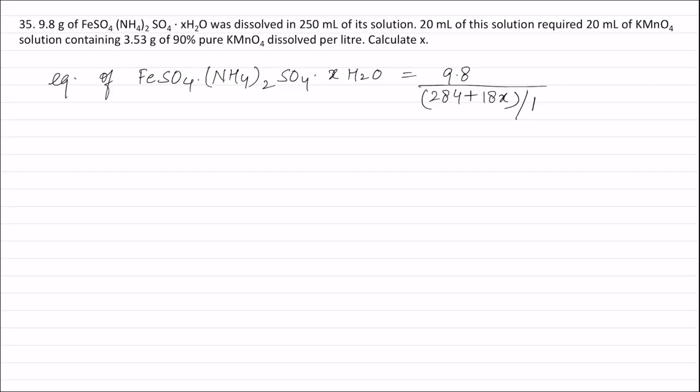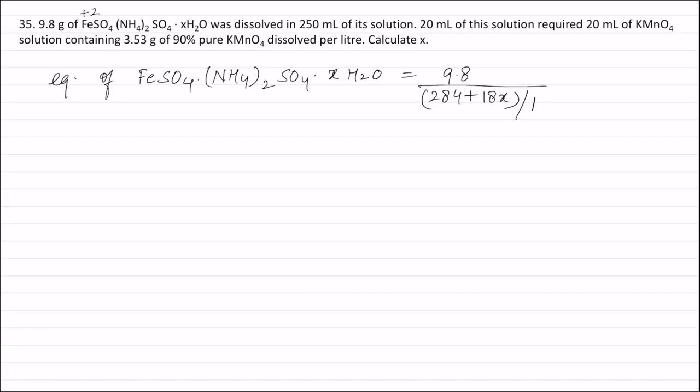The valency factor is 1 because when this salt is treated with KMnO4, the iron which is present in the +2 oxidation state gets oxidized to the +3 oxidation state. So change in oxidation number is 1 and number of iron atoms is 1. Therefore, the valency factor is 1.